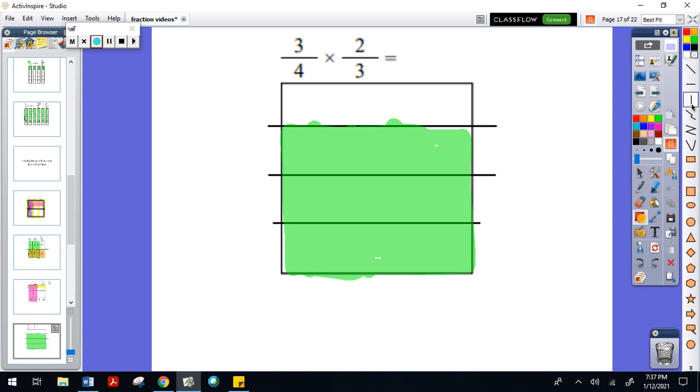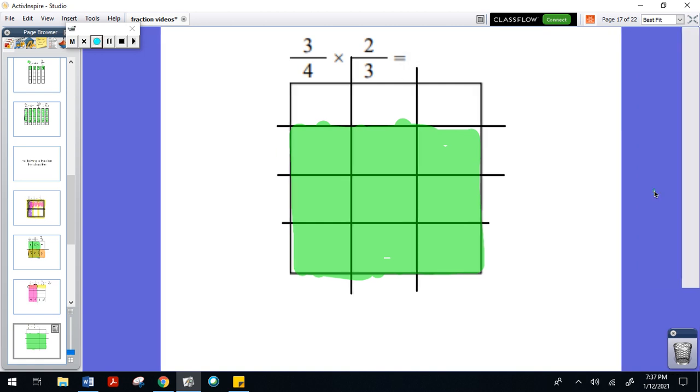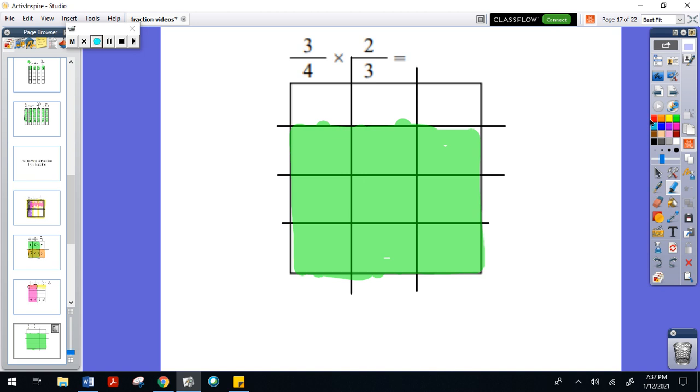To color in 2/3, I need to first partition into thirds. So if I go up and down, I now have my thirds. Alright, so I color in 2/3. So I have this right here.